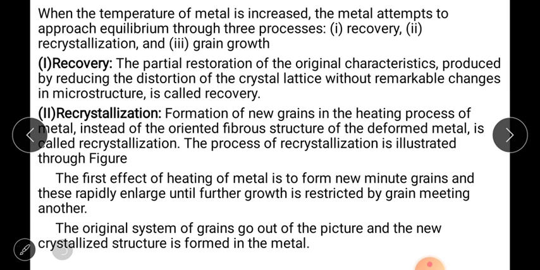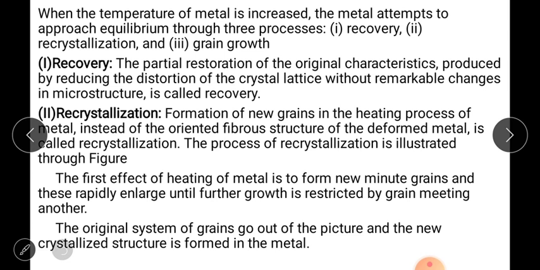As we are heating the solid scrap, it achieves a higher temperature than the recrystallization temperature. That's why new grains form in the heating process.